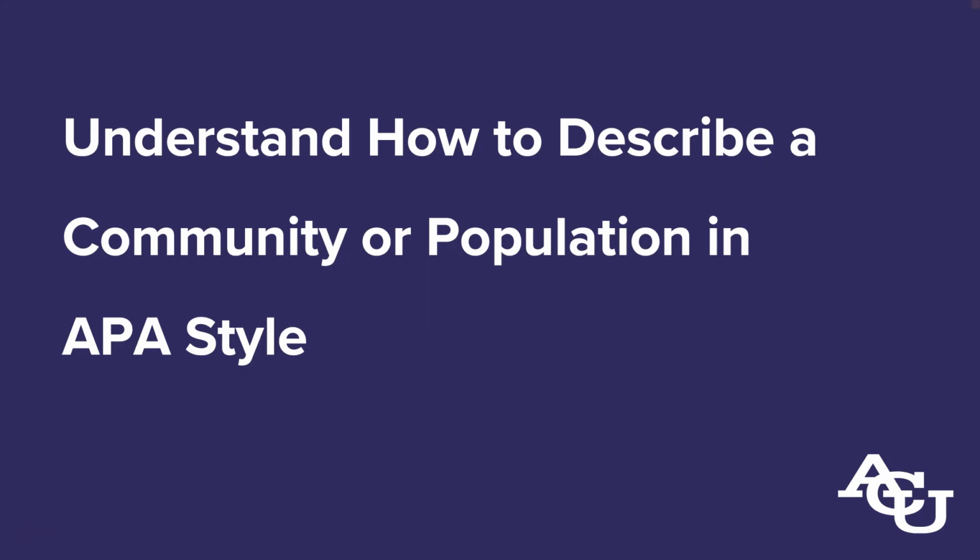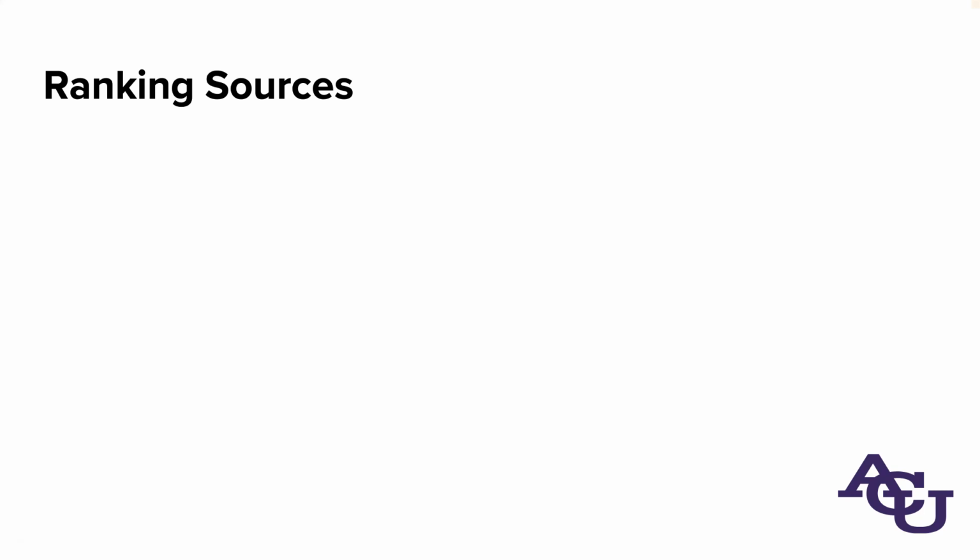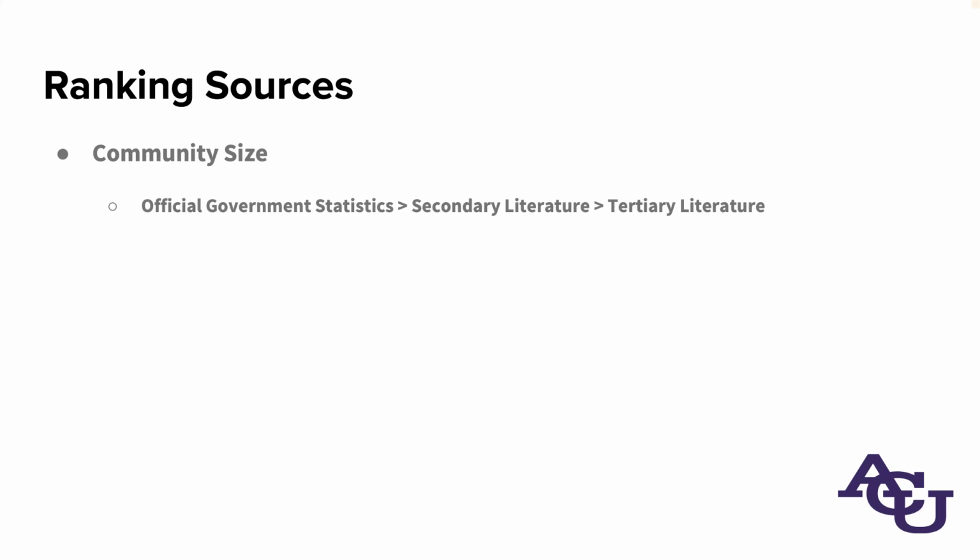Now, let's look at how to describe a community or a population in APA style. Well, first thing we need to do is have an idea of where we should go looking. And in general, if we're looking for something like the size of this community or who's in it, usually the ranking goes, let's start with the official government statistics, then look at secondary literature, which could include a journal article or a book, and then look at tertiary literature.